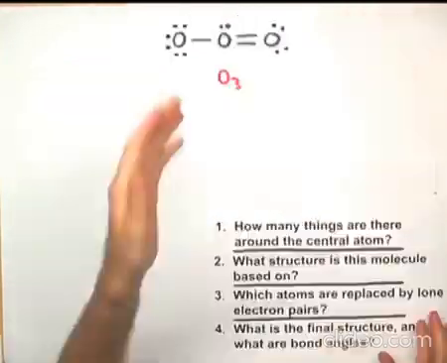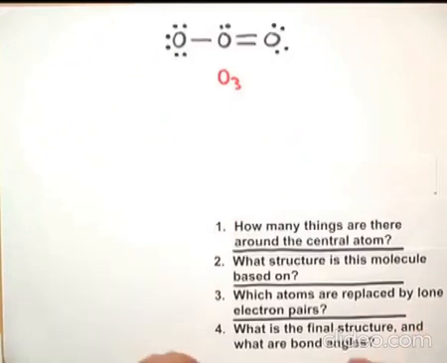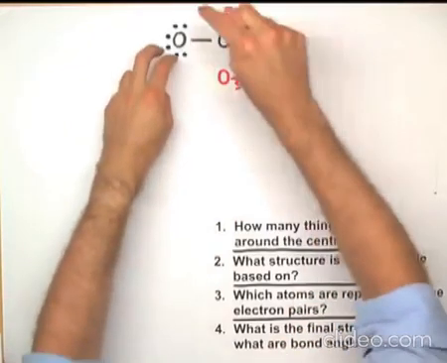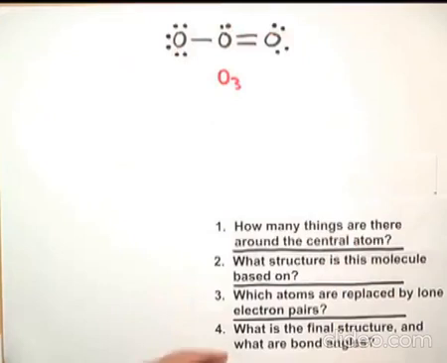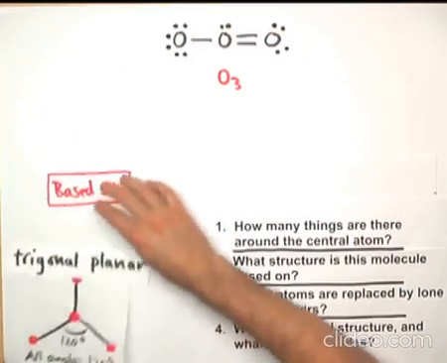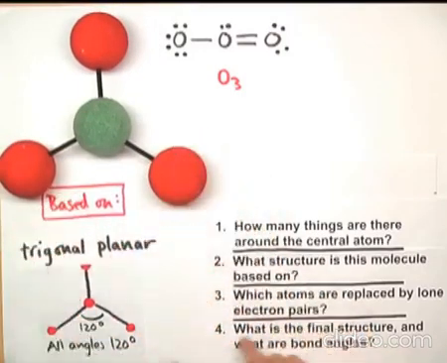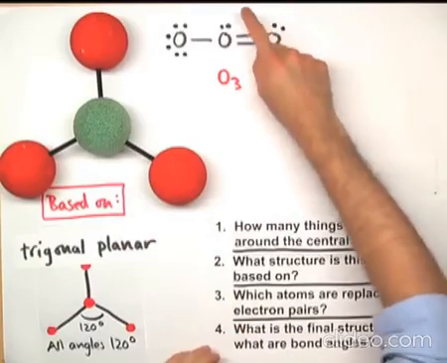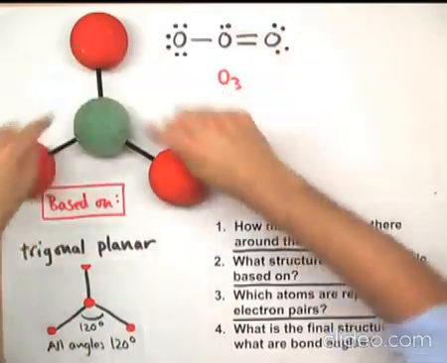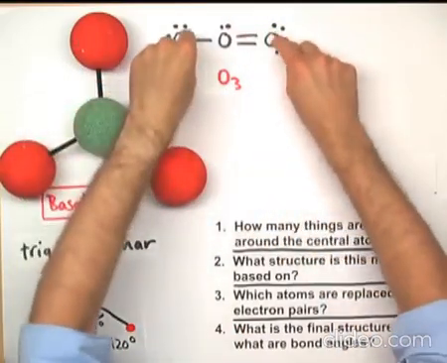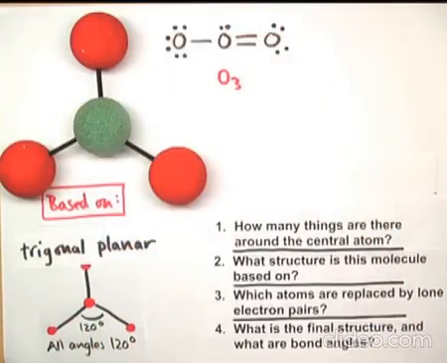O3, which is ozone. How many things are on the central atom? 1, 2 bonds, and 1 lone electron pair, 3 things total, which means this is going to be based on a trigonal planar shape. Here it is. How many things are replaced by lone electron pairs? Well, instead of having 3 atoms, as in the trigonal planar shape, we're going to have 2 atoms and 1 lone electron pair.